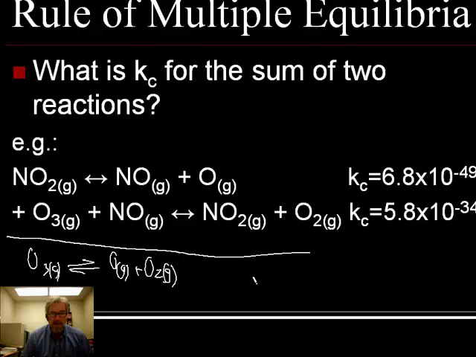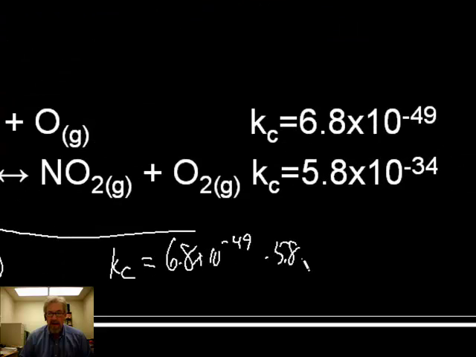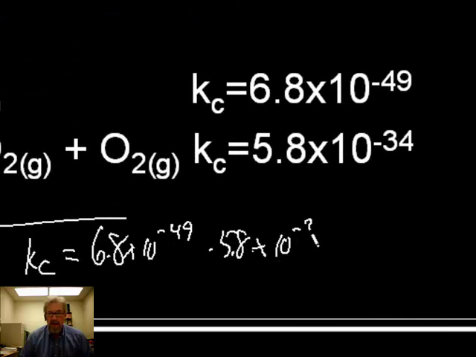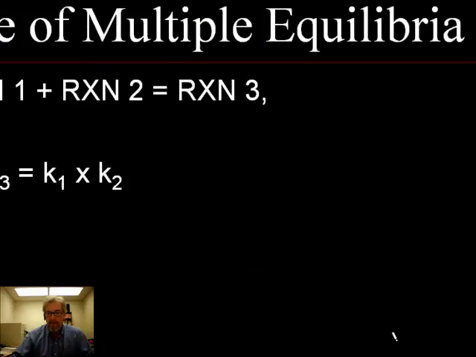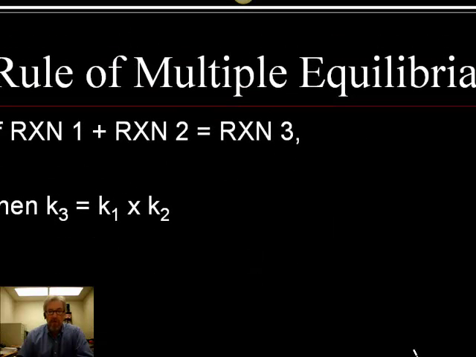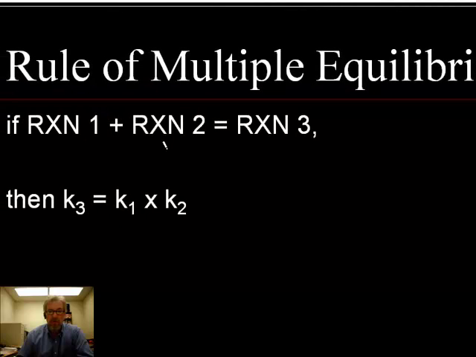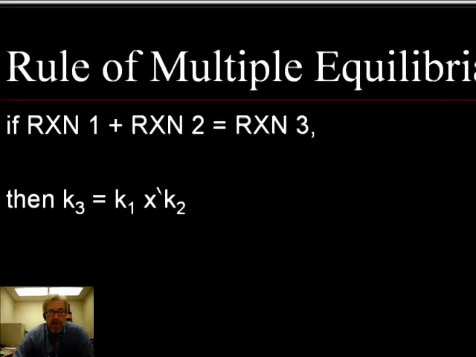Kc for this reaction would be the product of 6.8 times 10 to the negative 49th times 5.8 times 10 to the negative 34th. In general, this is called the rule of multiple equilibria. The rule of multiple equilibria says that if reaction 1 plus reaction 2 add up to reaction 3, then K for reaction 3 is equal to K1 times K2.